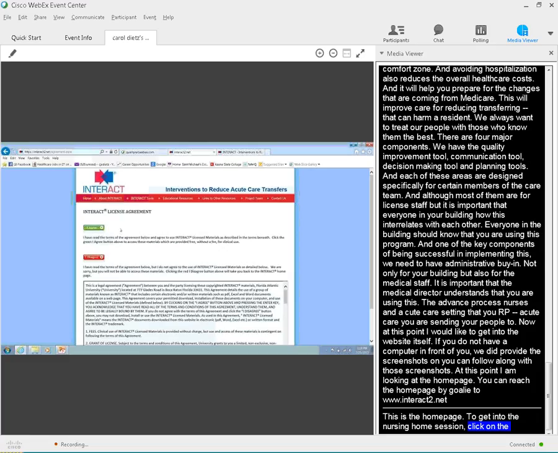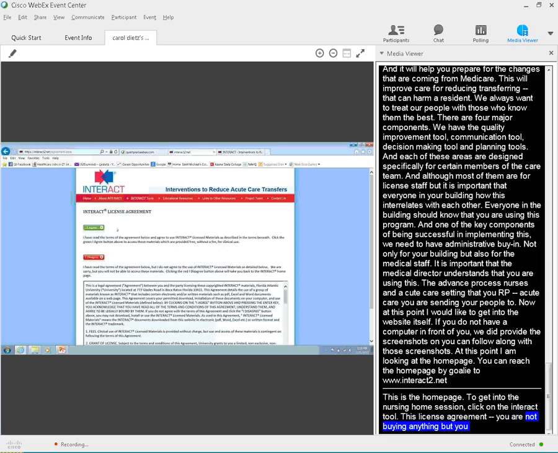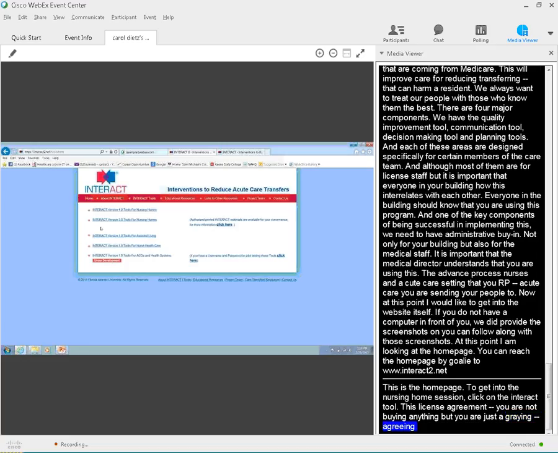And this license agreement section, you're not buying anything, you're not spending any money, you're just agreeing that the Interact people own the academic rights to this, and that you will use their tools the way it was intended to be used. So you have to agree in order to be able to cruise through the website.